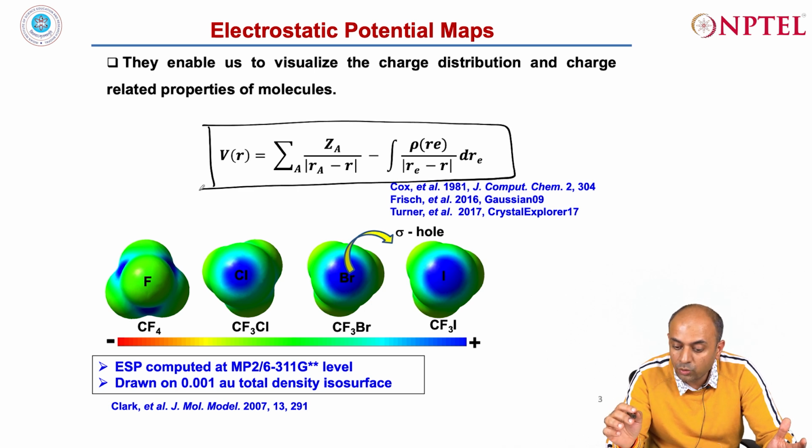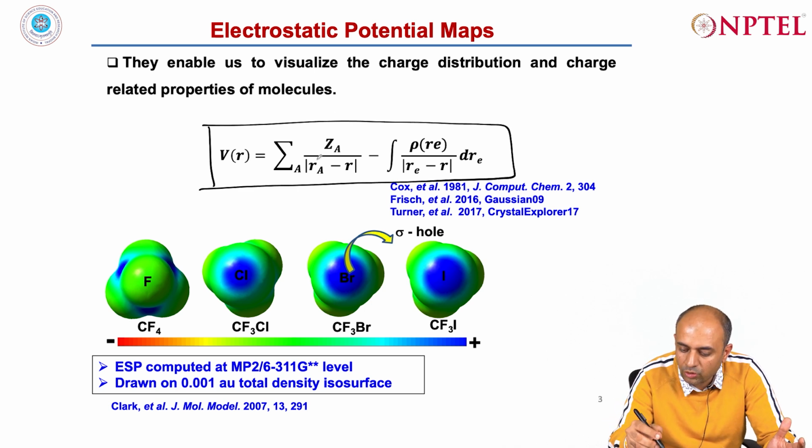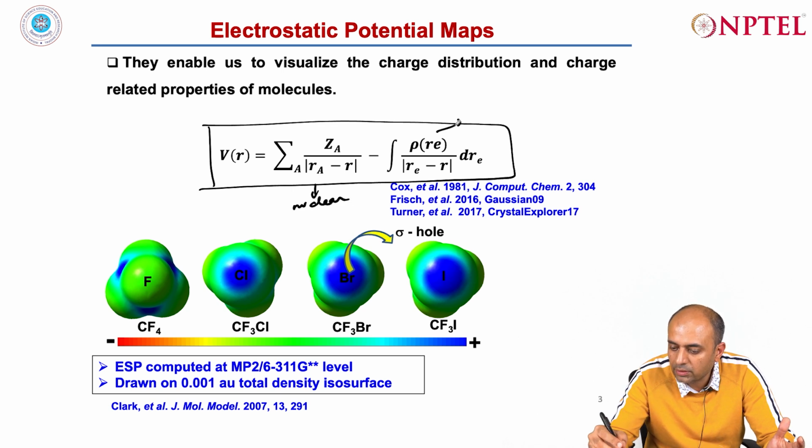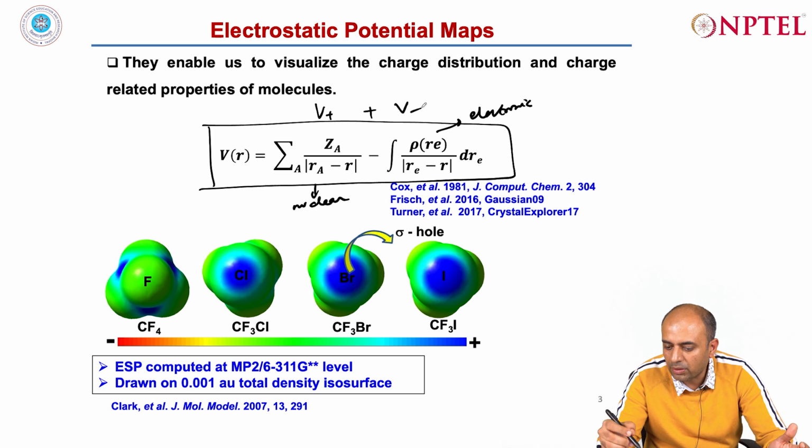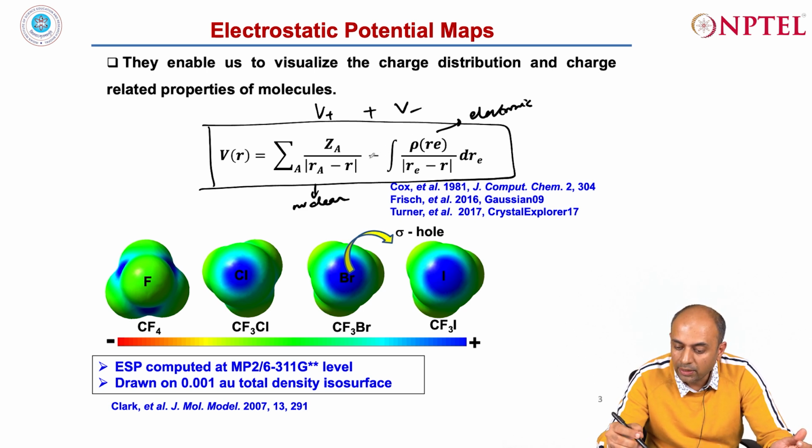and you can see that there are two contributions. The first contribution is the nuclear contribution, and the second is the electronic contribution. We can call it V plus and we can call it V minus, but because it is associated with electrons and electrons are intrinsically negative, therefore the first term is positive and the second term is negative.